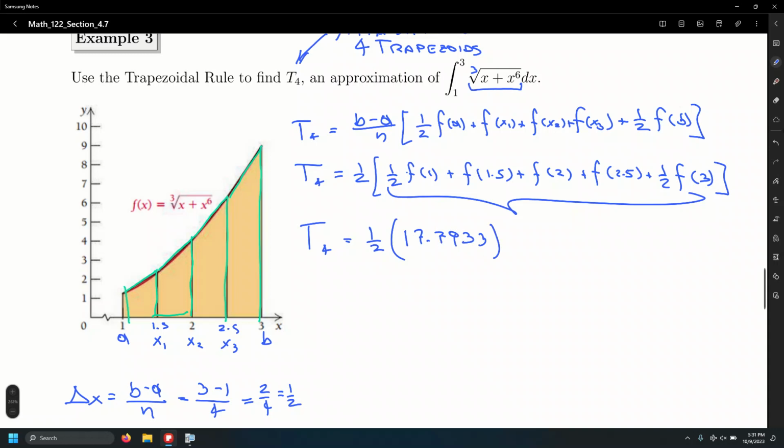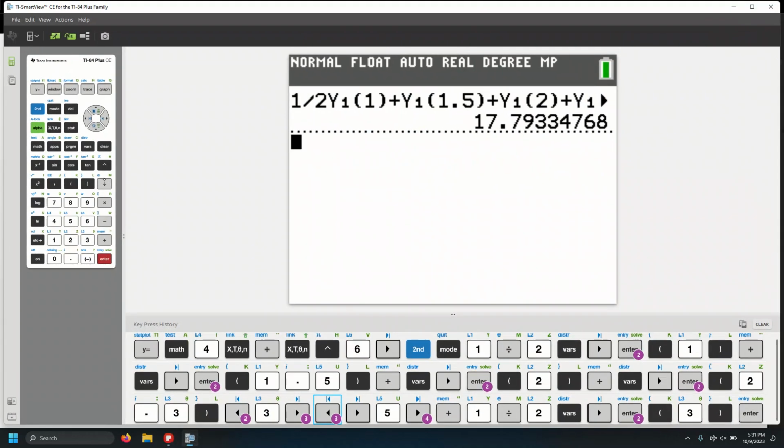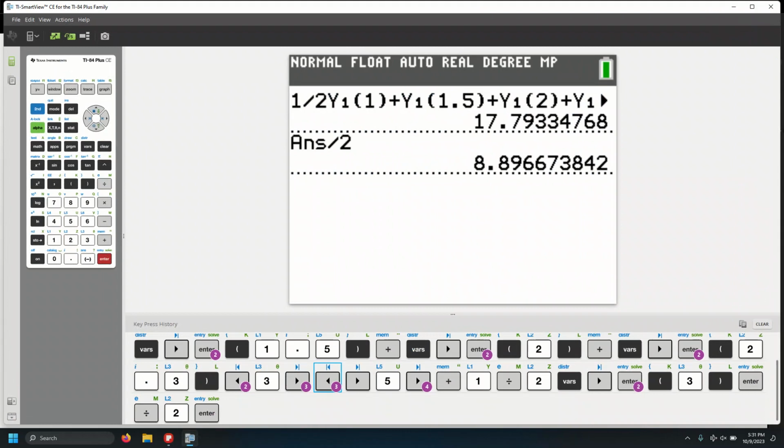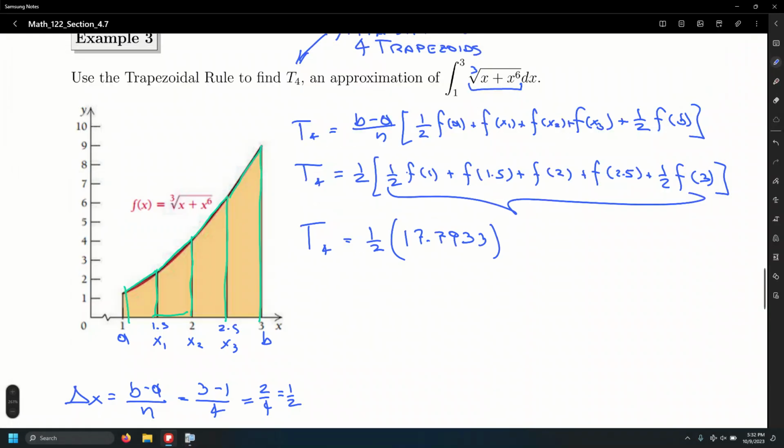All right, and dividing this by 2, so divide that by 2. Don't round down till the very end, and I'm going to keep 4 decimals. That's going to be approximately 8.8967.